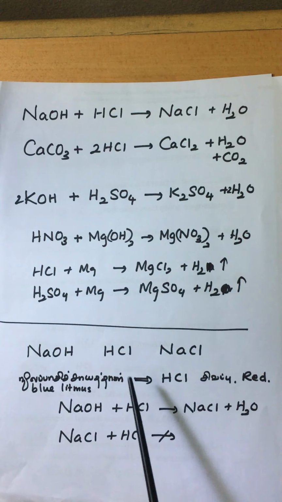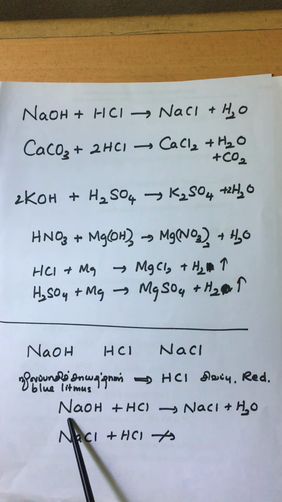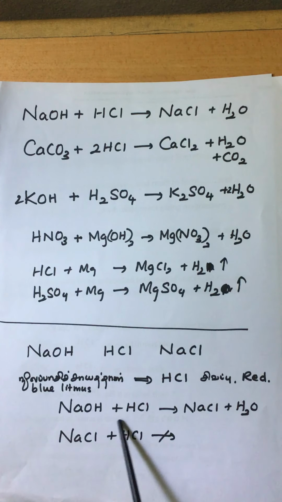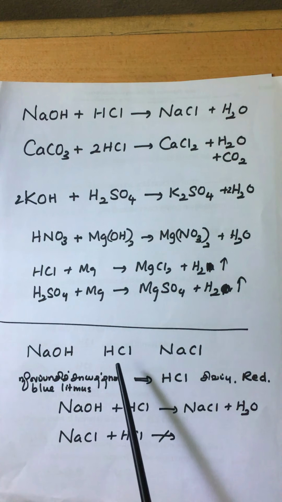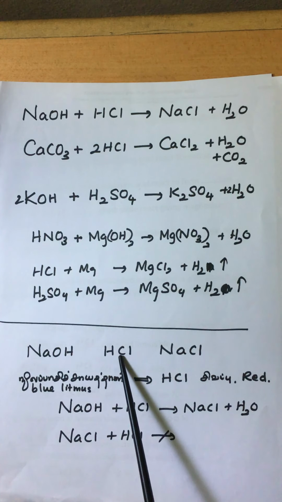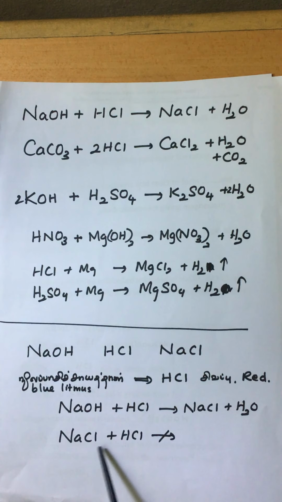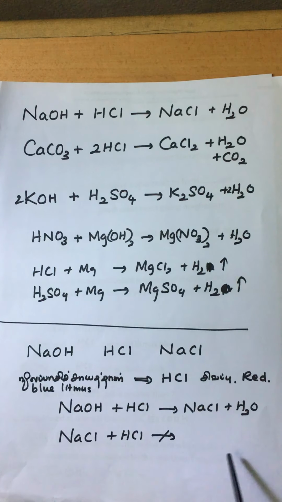When you add HCl drops to sodium hydroxide, you can notice the reaction. But when you add HCl drops to sodium chloride, again you get the same material, sodium chloride and HCl.